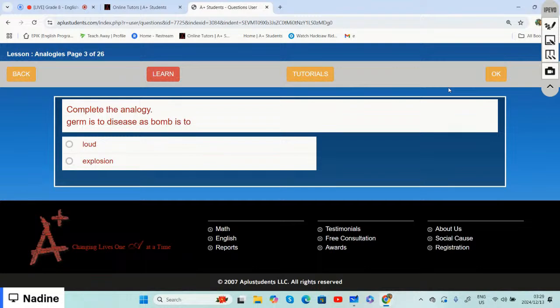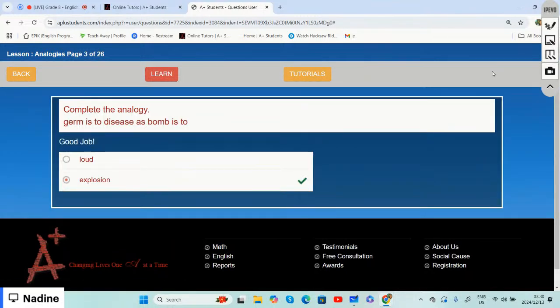Is it loud or explosion? So bomb is to explosion. Yes, it is loud, but it is explosion. Well done.